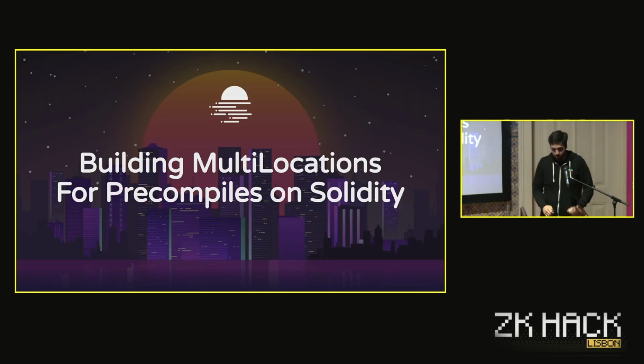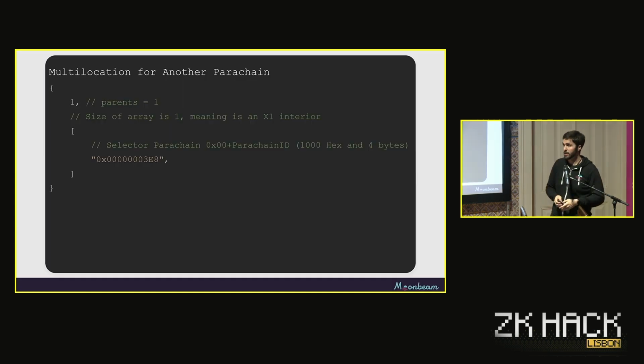All right, so building multi-locations from precompiles on Solidity, right? This is how, if you're going to interact with XCM on Moonbeam using the precompiles, you actually build it. The way that we do it is an object, as you can see. The first element of the object is a uint, sorry, not a Boolean, which in this case is only 0 and 1.